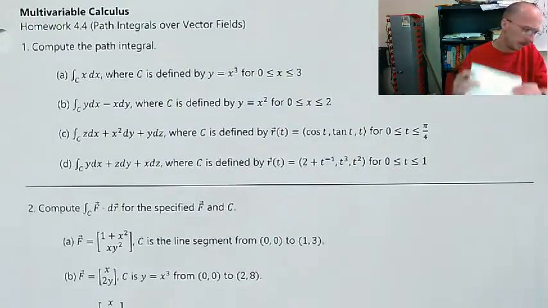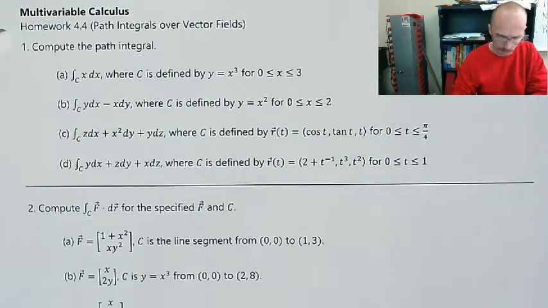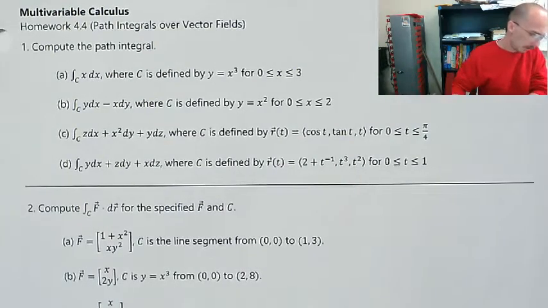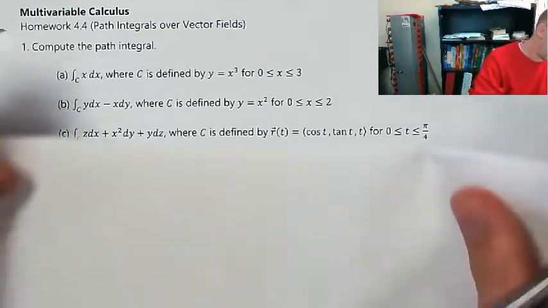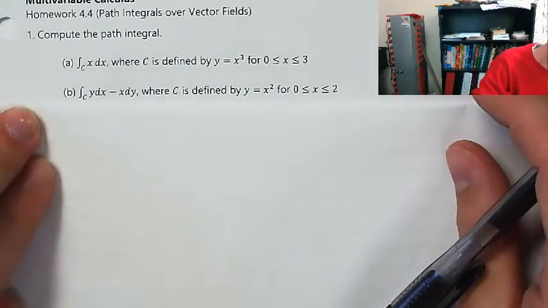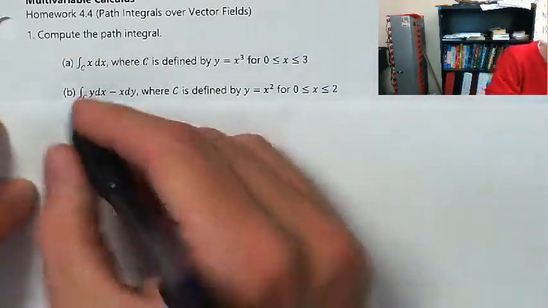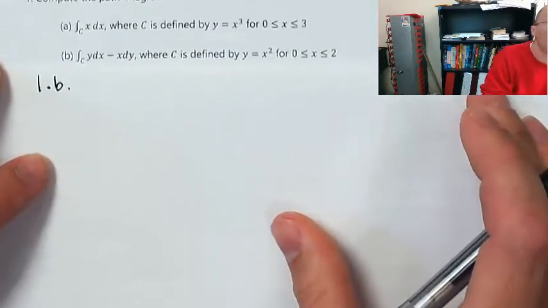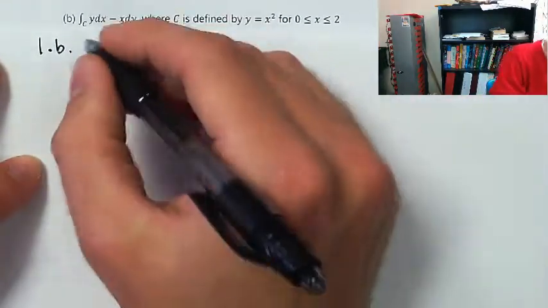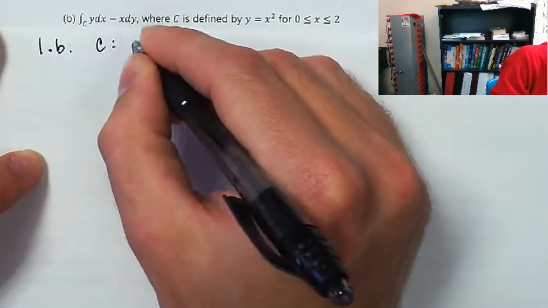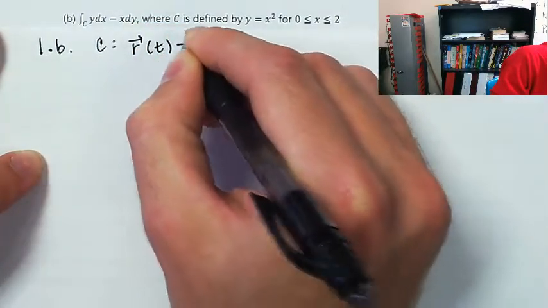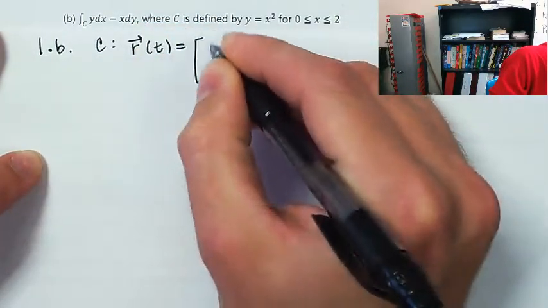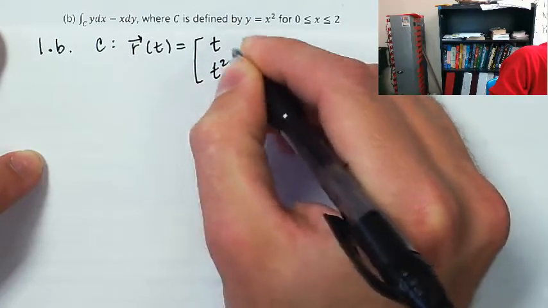1b is going to be y dx minus x dy. C is y equals x squared. So step 1, parameterize the curve. Y equals x squared.